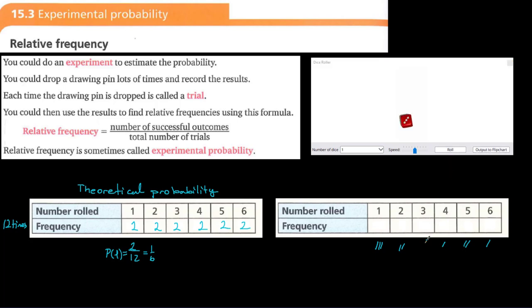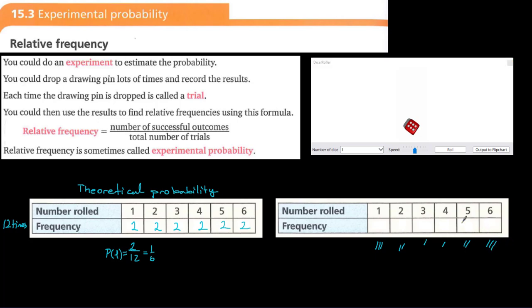Here 3, yeah. And one more time I'm going to roll, 6 again. Here, if I count, one more time, 11. One more time I'm going to roll, and this is 6 again.